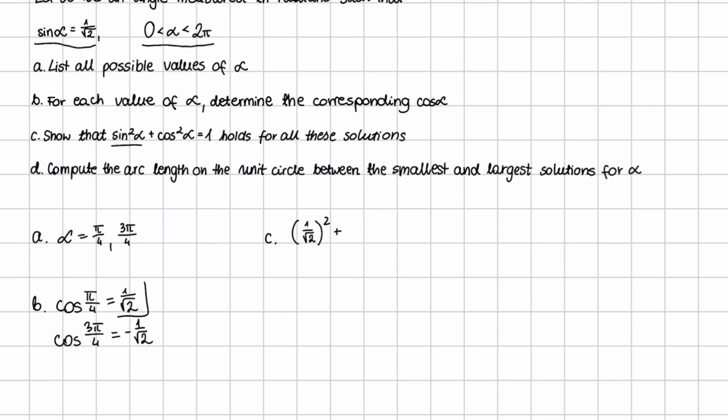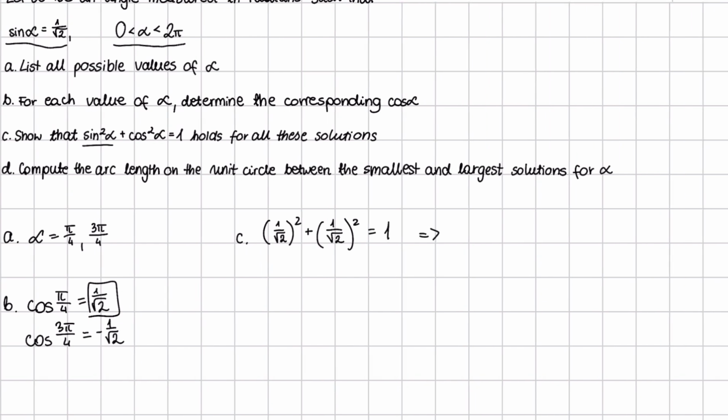So let's firstly use this one, so 1 over square root of 2 squared. So from this we have 1 over 2 plus 1 over 2 equals 1. So we know that half plus half equals 1, so it's true.